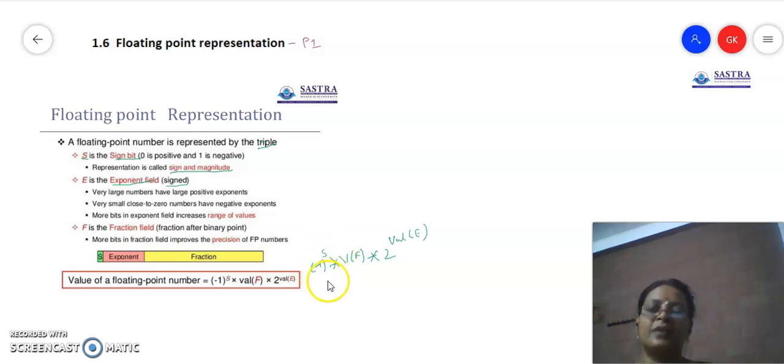So this is going to be the actual value. Given the three fields like this, we will find the floating point value by substituting the values. So s is attached to the fraction, and whatever is the value of the fraction will be multiplied with 2, because it is a binary number system, 2 raised to the power of the value of e.